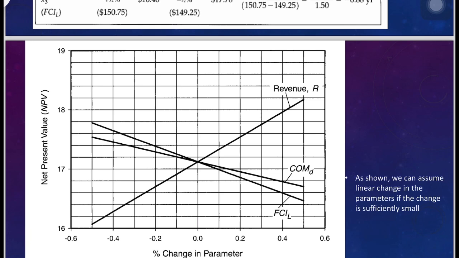As shown, we can assume linear changes in the parameters if the change is sufficiently small, that is, negative 0.6% to 0.6%, or 1/2% on each side. So we have the negative 1/2% and the positive 1/2% change in the FCI, cost of manufacturing, and the revenue, and their corresponding net present value. This is your sensitivity curves.